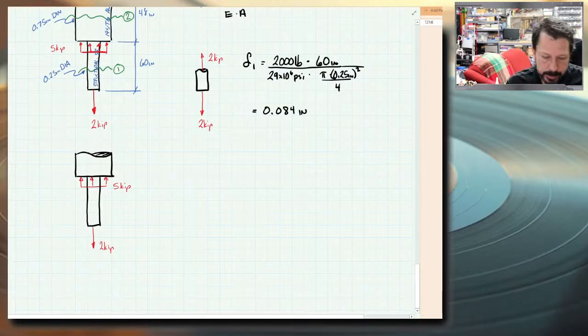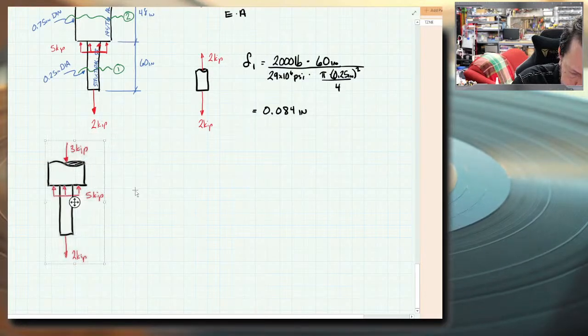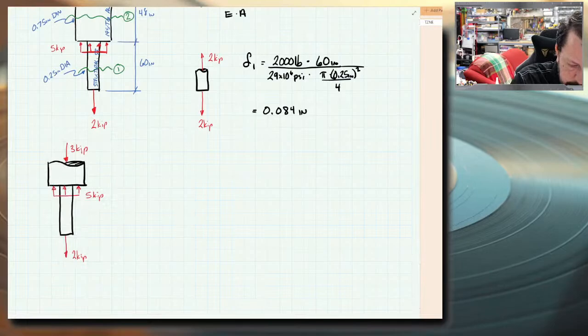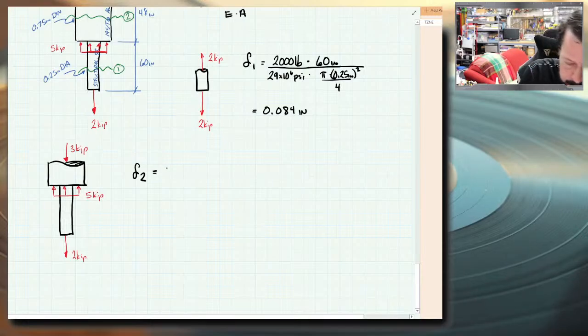I need another 3,000 pounds pointing down. So the internal force in section 2, delta 2, is pointing towards the body. So that's a compression, negative 3,000 pounds.